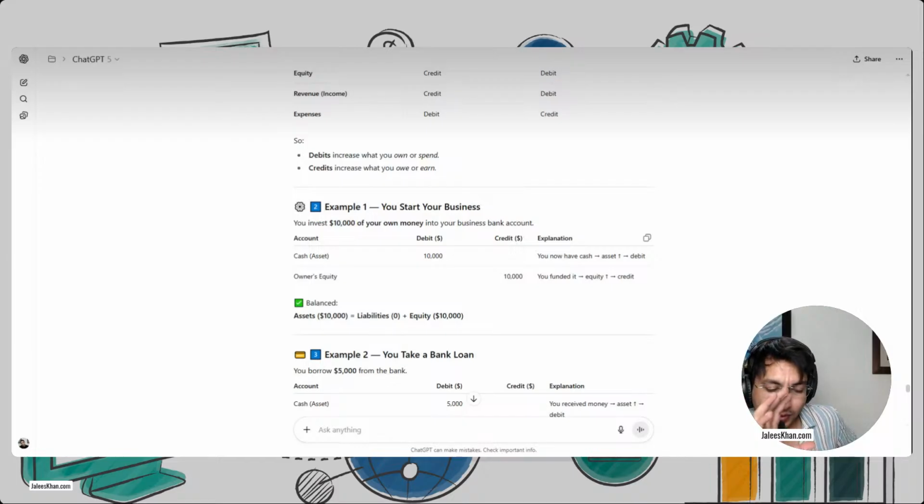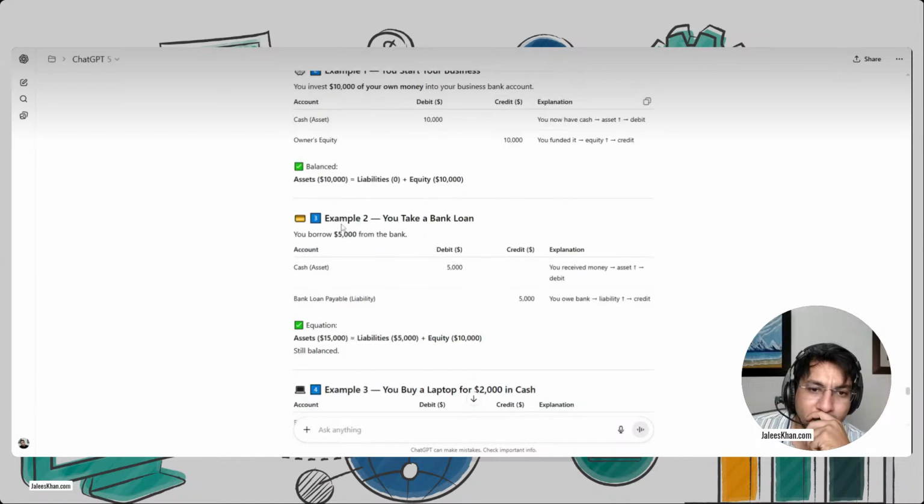Asset means what the value the company contains. Because my equity increased because I funded it, it gets credit, debit into the asset and credit owner's equity.